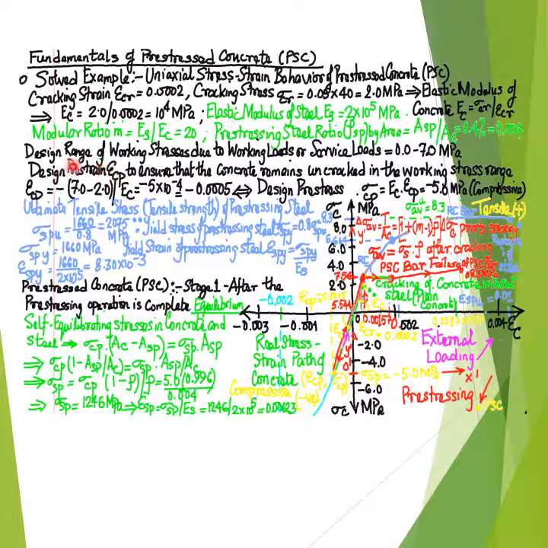Dividing the difference between the maximum tensile stress to be achieved for the desired or design range of working stress, that is 7 MPa, minus the inherent cracking strength of concrete, that is 2 MPa, by the elastic modulus of concrete, one can calculate the design pre-strain that is to be induced in the pre-stressed concrete bar as minus 5 into 10 to the power minus 4.